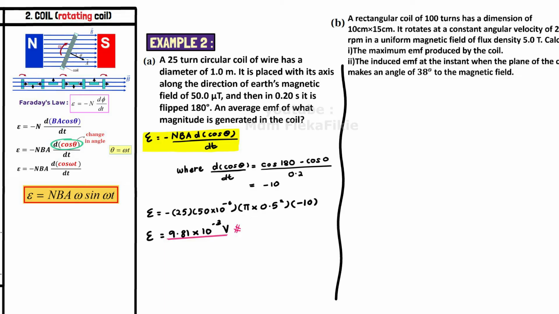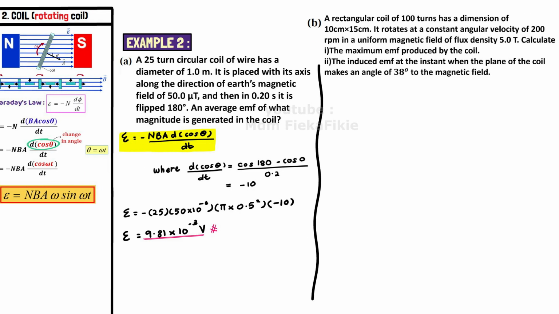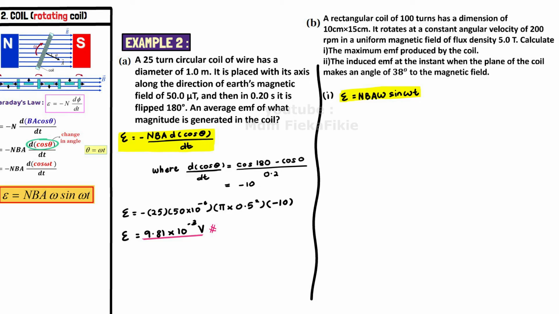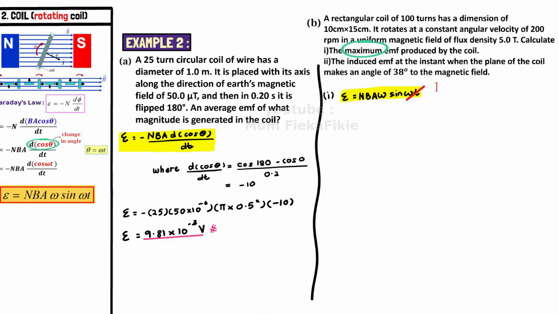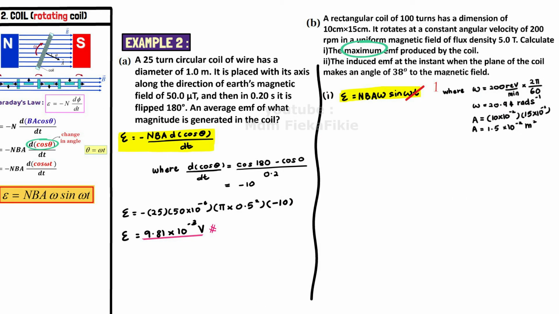Okay, so bila soalan minta kita kira maximum EMF produced by the coil, means that the value of sin omega t should be equal to 1. Okay, maximum value untuk sin adalah 1. Sin omega t must be equal to 1. So, kita boleh teruskan untuk menjawab soalan ini. Kita keluarkan semua maklumat.